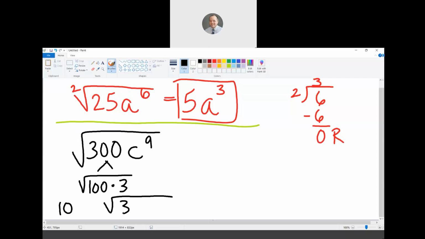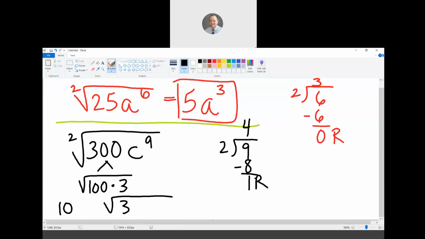Now to break down c, take the root 2, divide it into the exponent 9. So 2 can go into 9 4 times with a remainder of 1. The top number 4 is the exponent that goes outside the radical.